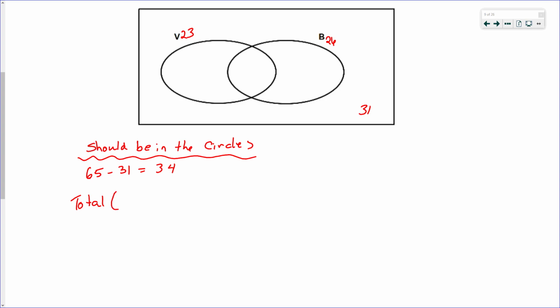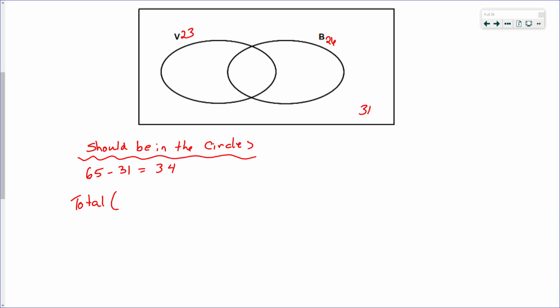But the 23 is this full circle, including the overlap, and the 26 for B is the full circle, including the overlap. So when I add these two together, I end up adding this overlap twice, which, based on our set theory, doesn't exist. Each element is only represented once.